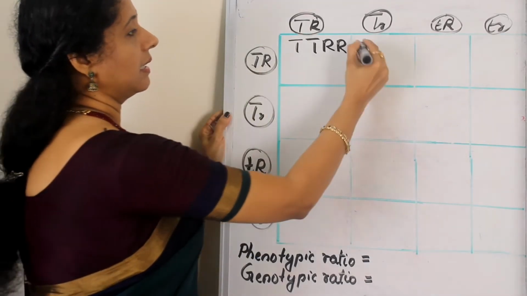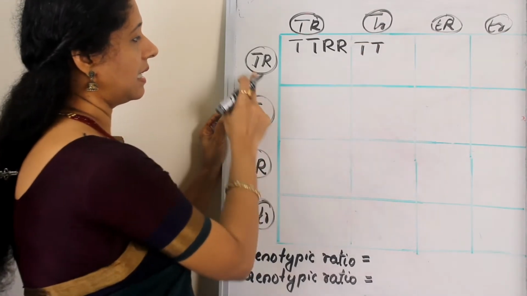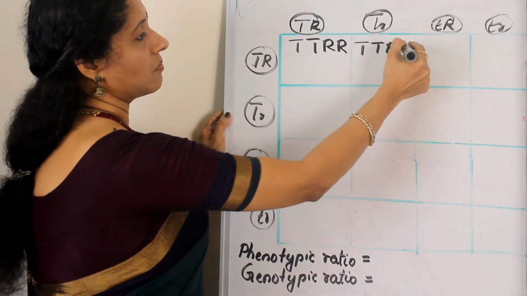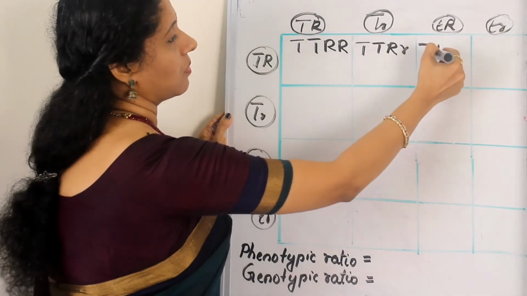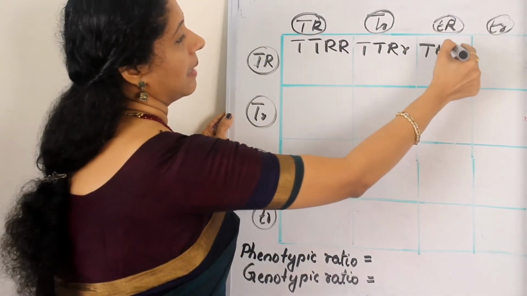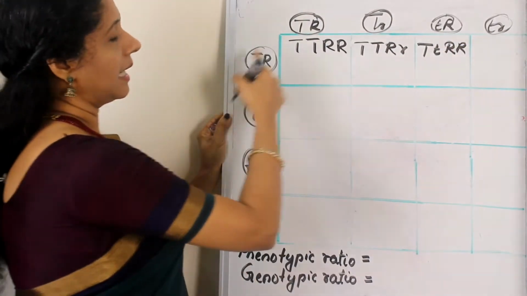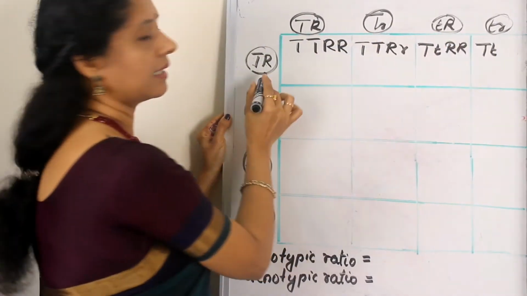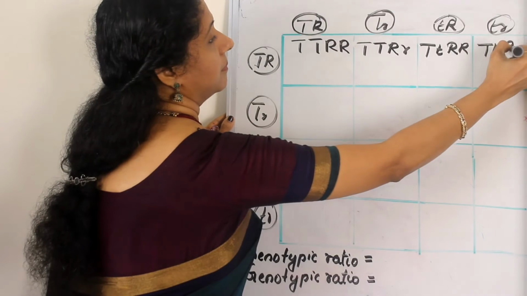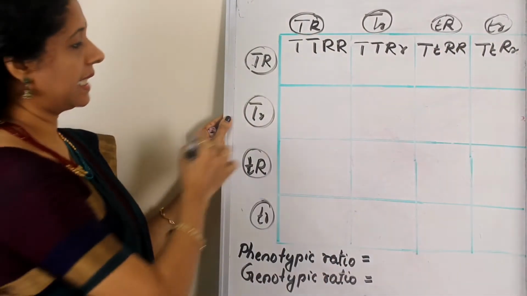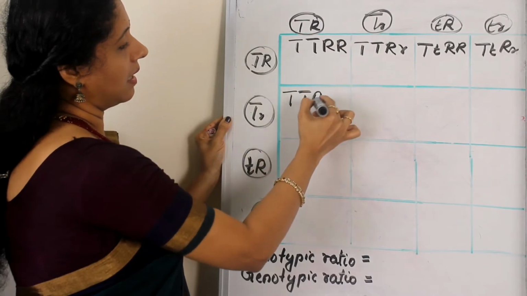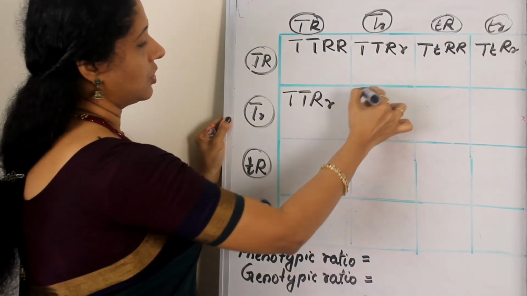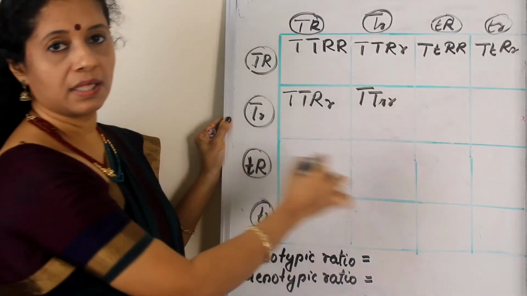So from here, capital T, capital T, capital R, small r. Then the third one, capital T, small t, capital R, capital R. Capital T, small t, capital R, small r. The next row, capital T, capital T, capital R, small r. So we can complete all this like this.